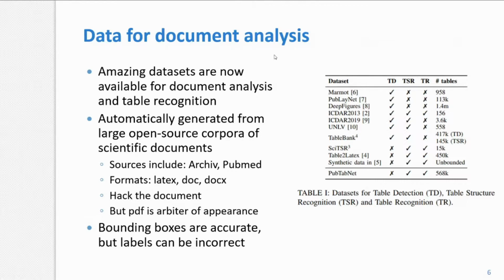Back in 2013, they ran a competition around table detection. They had a massive data set with 156 tables in it. In 2019, they had 3,500. In 2021, they're running it again. They have hundreds of thousands. I think it's 350,000.